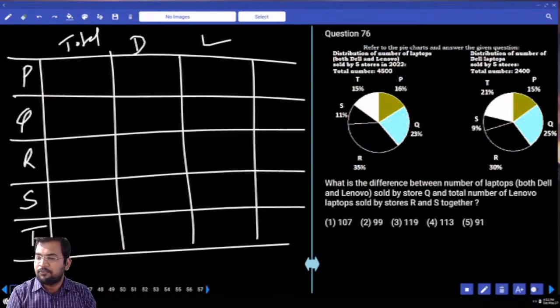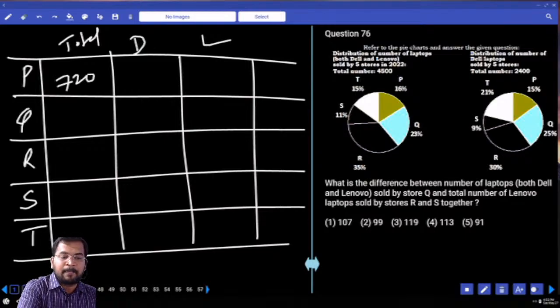Tell me fast. 4500, 16%: 16 times 45 is 16 times 40, which is 640, plus 16 times 5, which is 80, so 720.